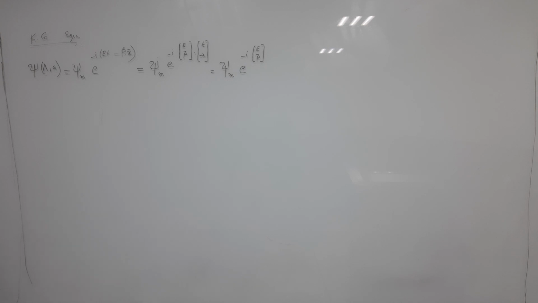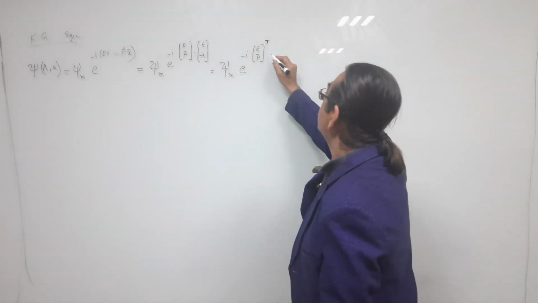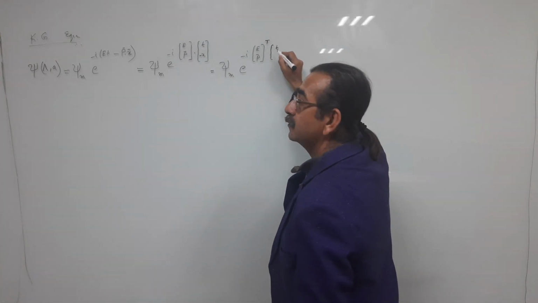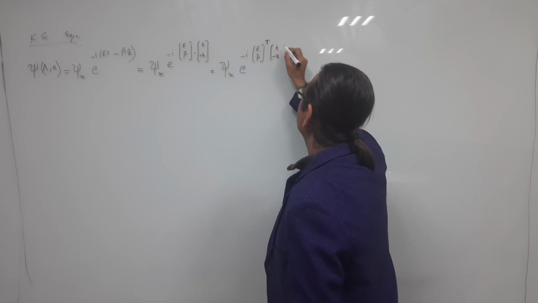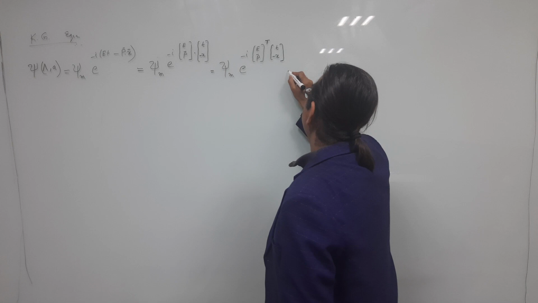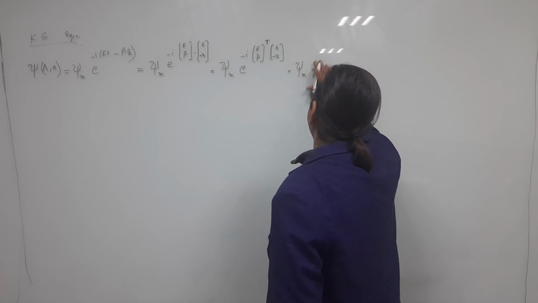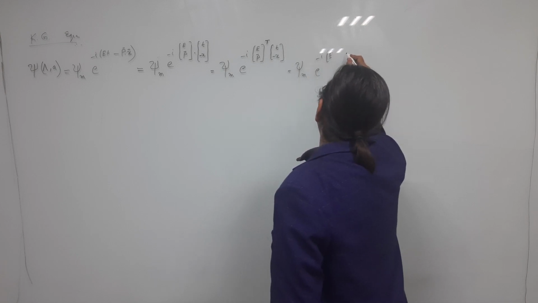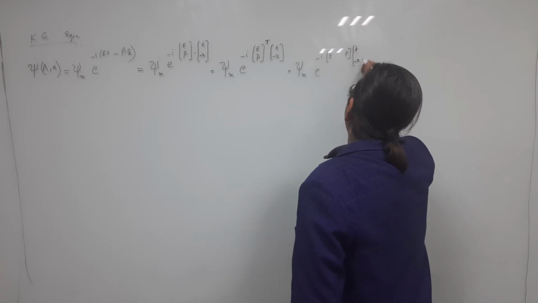Otherwise I will take a transpose, because one will be covariant and one contravariant. We may write this as psi m exponential of minus iota (E t minus p dot x).